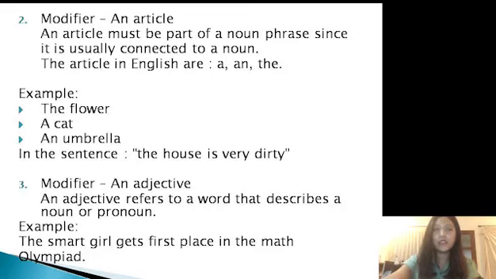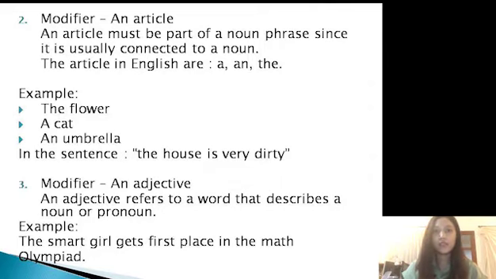For example, the flowers, a cat, and an umbrella. In the sentence "The house is very dirty," in this noun phrase there is the article the, which joins the noun house. So the subject in the sentence is house.